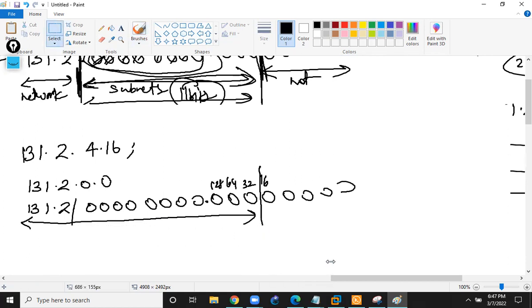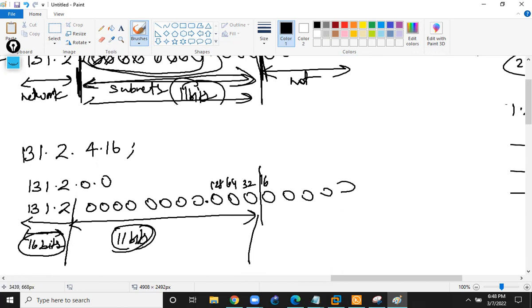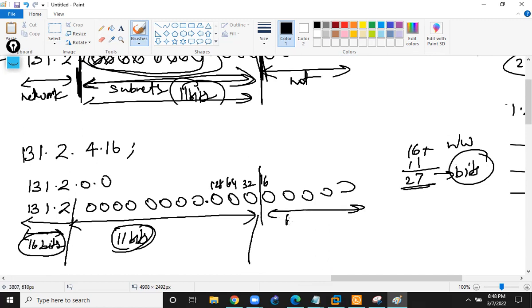You already had 16 bits of network and you added 11 more bits to the network. That is how you got 27 bits: 16 plus 11 gives 27 network bits. The remaining are host bits, which are 0.